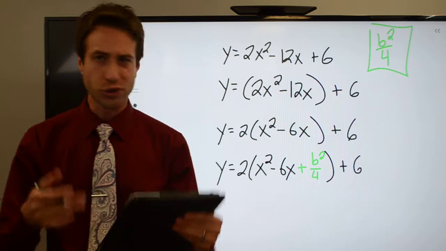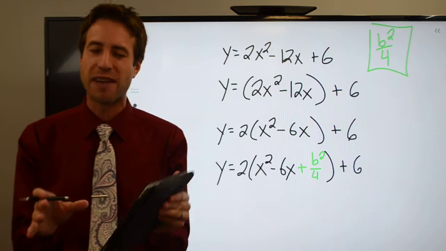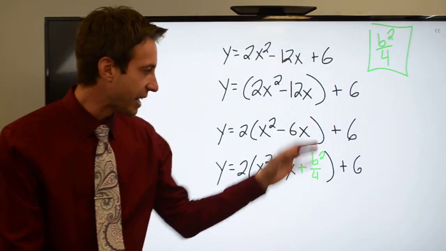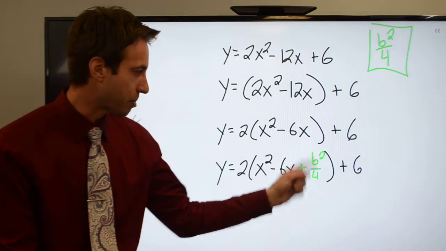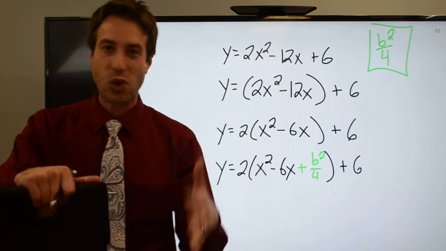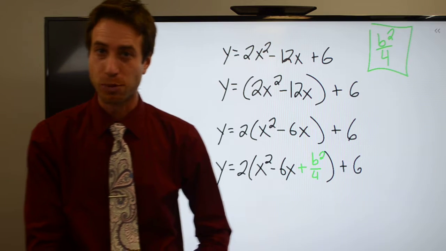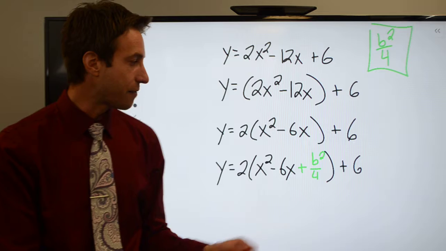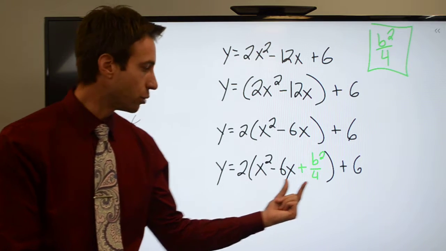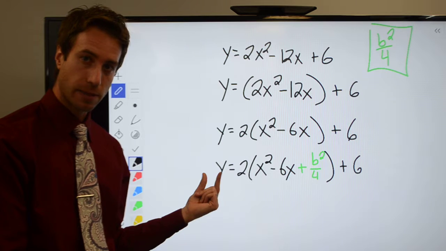There are a lot of rules you have to follow in algebra, and it's now time for me to pay up, right? I've just added a b squared over 4 inside my workshop to complete the square. But in order to reconcile everything with the algebra, remember, algebra says whatever you do to one side, you have to do to both sides.